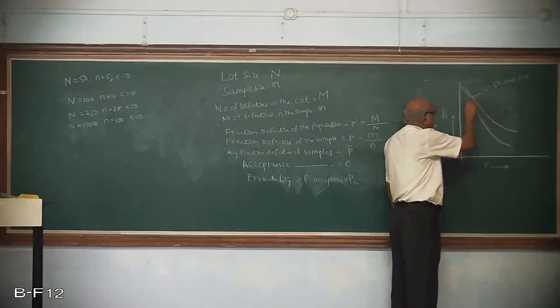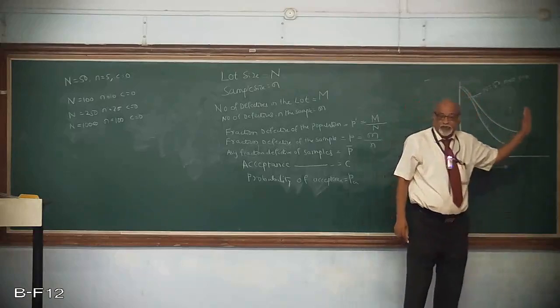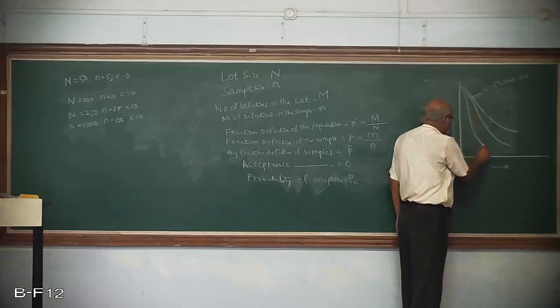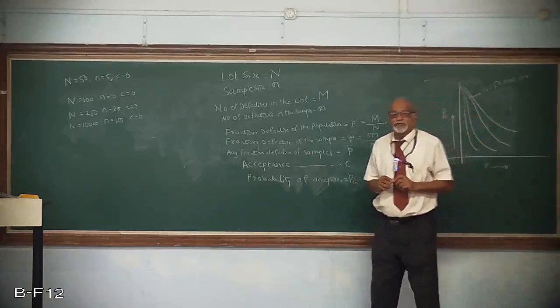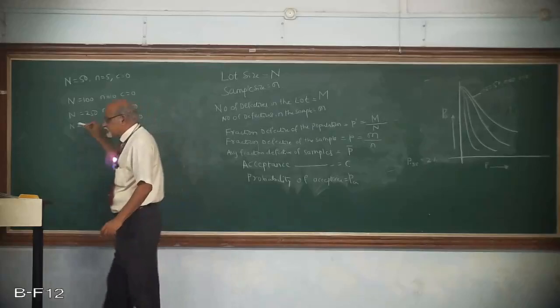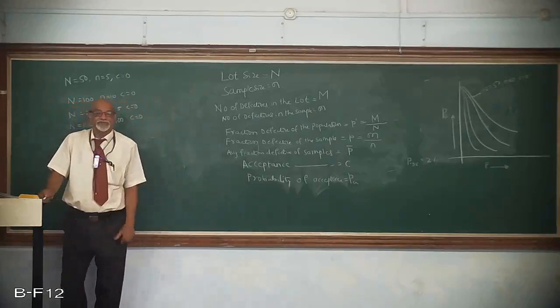So as the lot size increases, even though I have kept the proportions the same, it will behave like this, because I'll be more sure. Try to understand: by taking more samples, I'll become more sure. So it distinguishes that. That is how it looks.